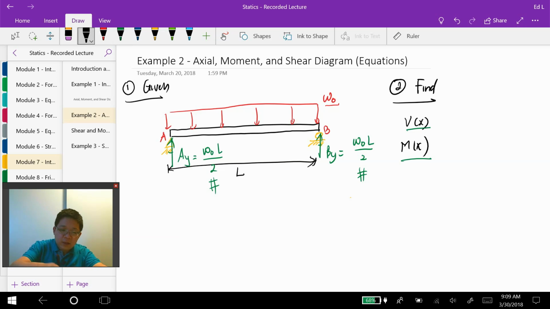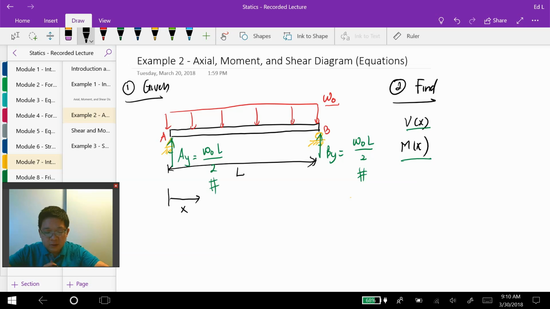Let's say that we start our x from A, going to the right to B. As what we have discussed in example 1, the first thing that we have to do is to figure out how many ranges there are in this structure. These ranges depend on the consistency of the structure, in terms of whether there are applied loads or reactional supports at particular locations.